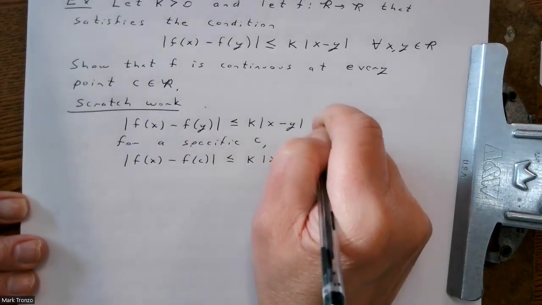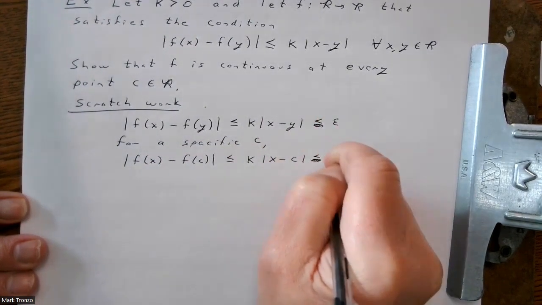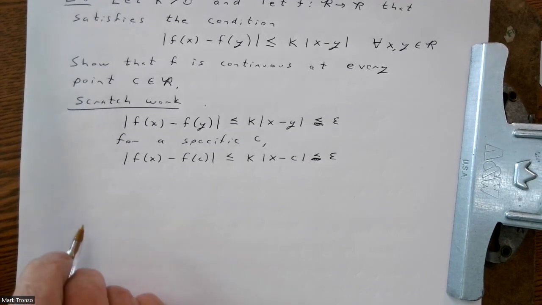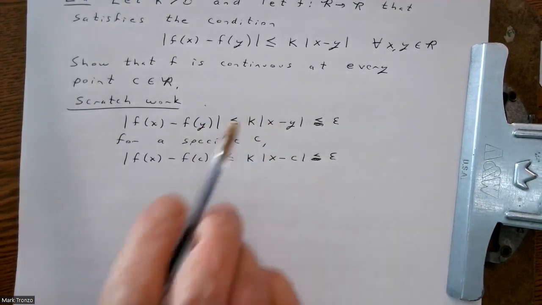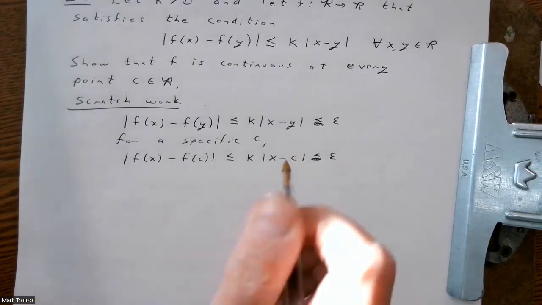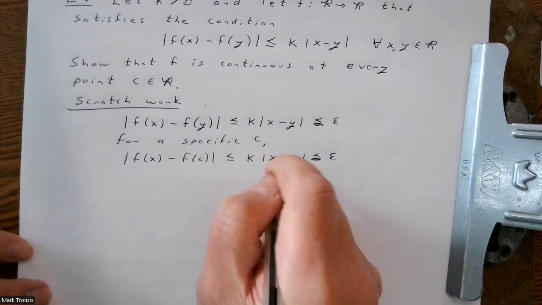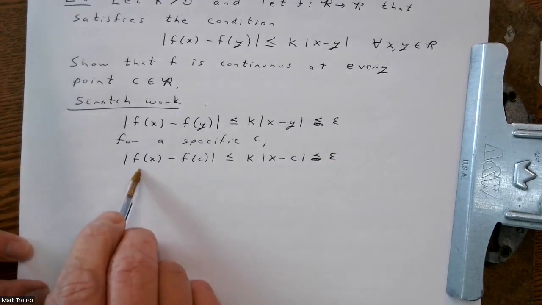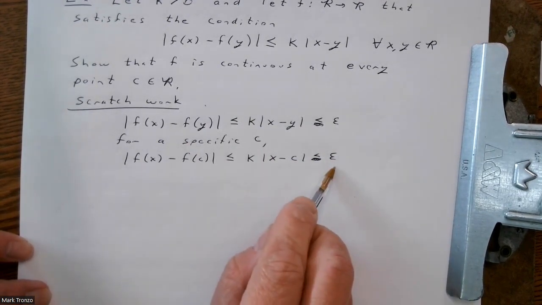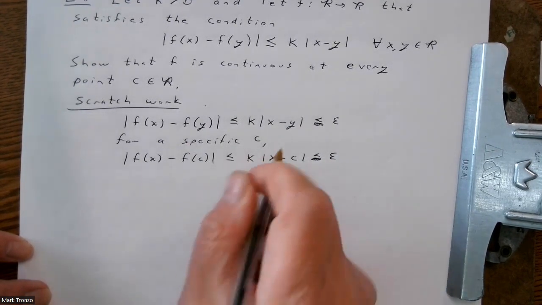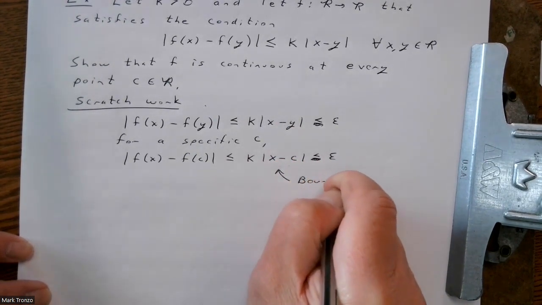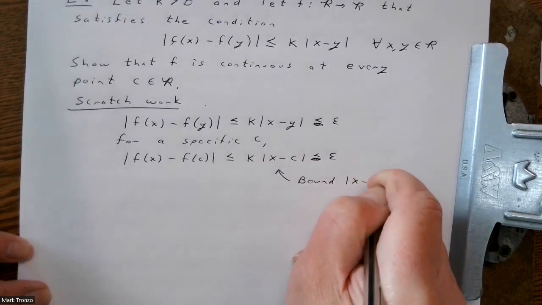Maybe I should put it strictly less than to make it really correct. And remember, when we're doing continuity, just like for limits, we want to bound this to make this happen. So we want this less than epsilon, and we want to bound |x - c|.